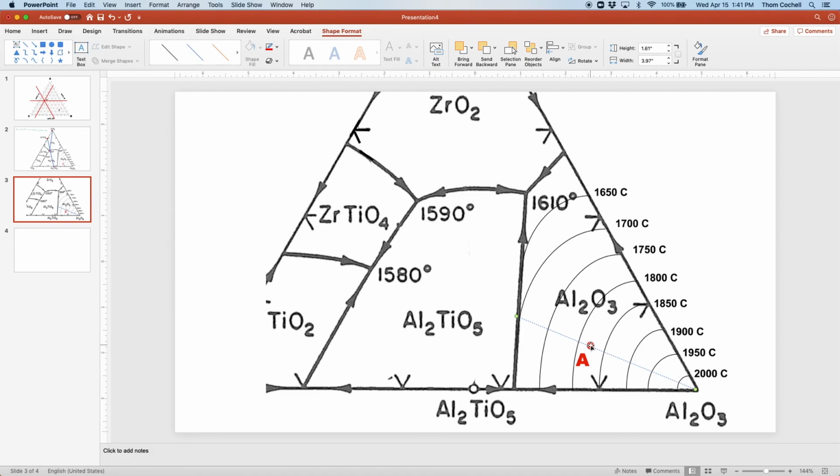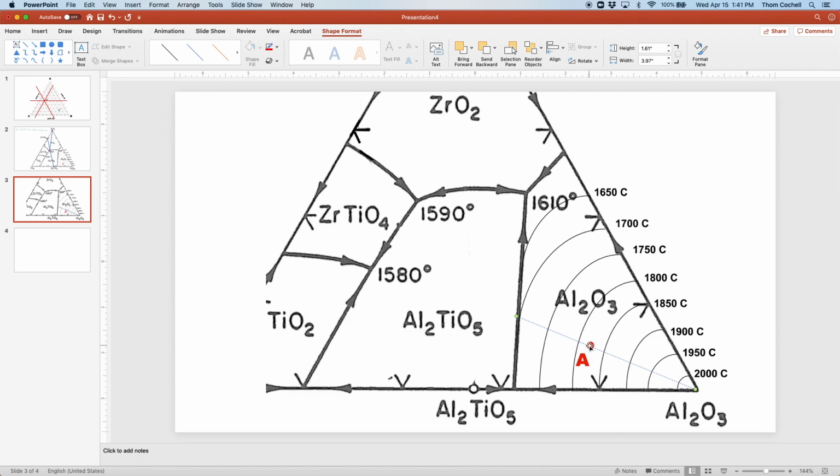So that means that above 1825, this composition would be 100% liquid. And so the composition would be the same as point A. As we get lower, it's going to be in this primary phase field where we start to have Al2O3. And so that's the phase field it's going to be in.